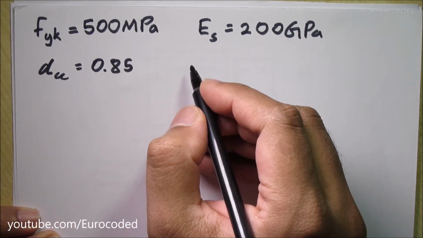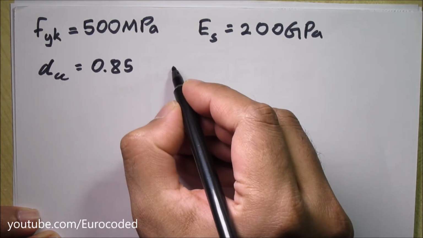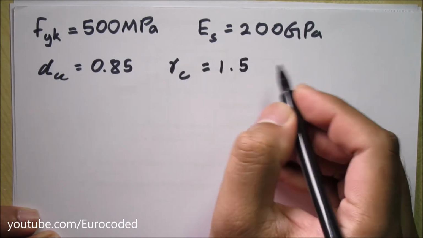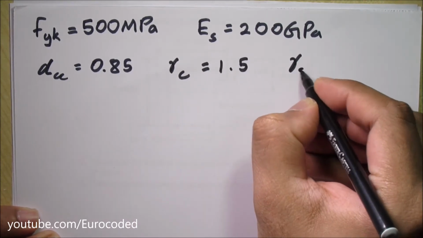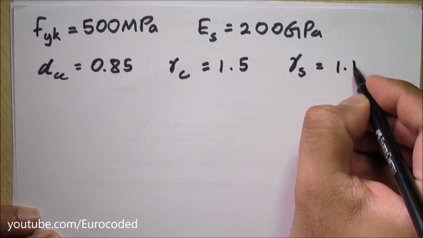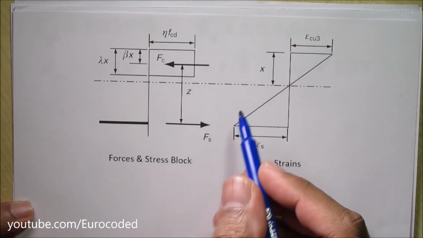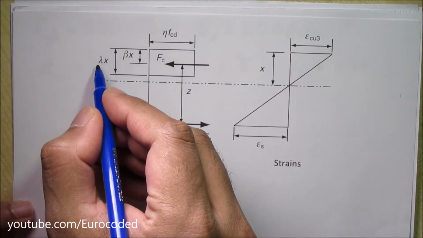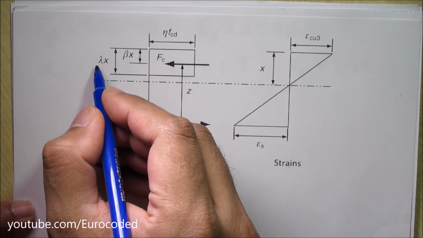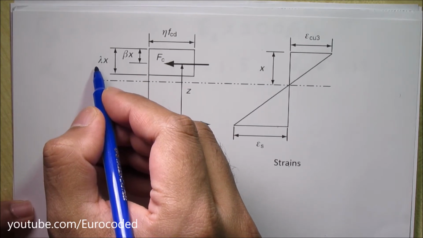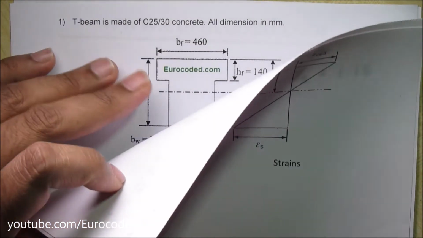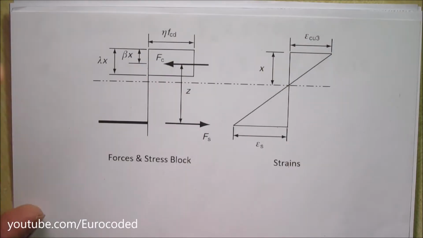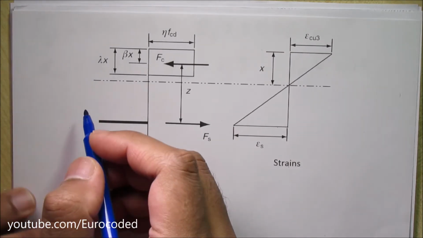Then we have our partial safety factors. For concrete, gamma c is equal to 1.5, and for steel, gamma s is equal to 1.15. Going back to the forces and stress block diagram, this lambda is 0.8 for FCK below 50 megapascals. You can see that we are given that the concrete grade is C25/30, so it is below 50 megapascals.